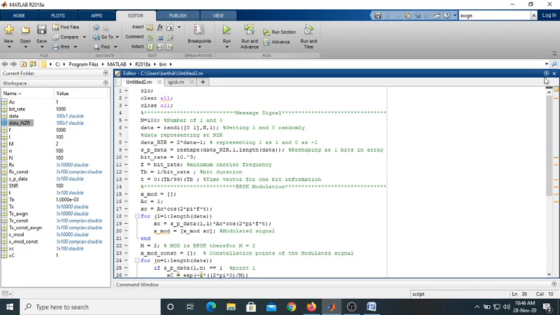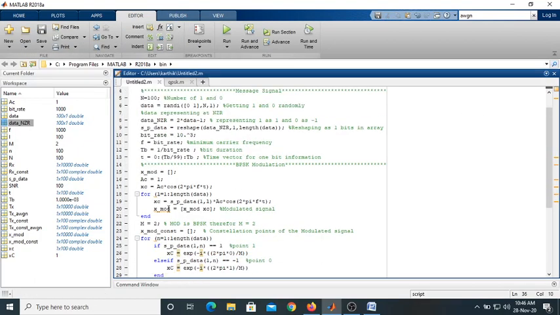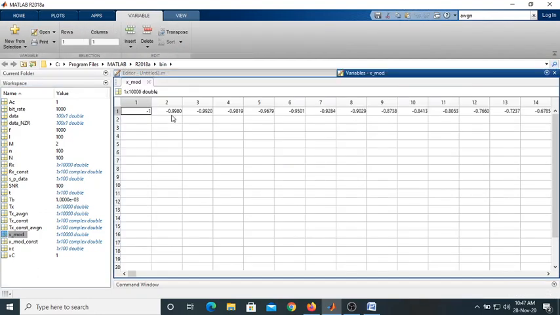Now, this is X mod. X mod is the modulated signal. After modulation, this is the signal, and this is what we are transmitting. Here I have taken 1000 values. Why 1000?